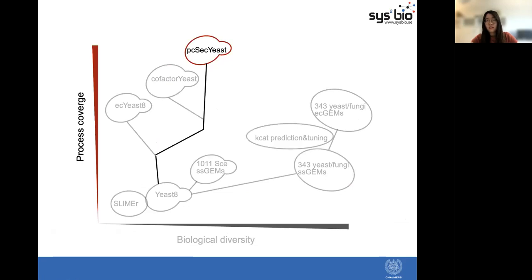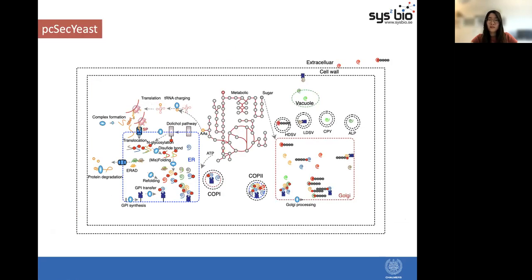And at last, I would like to talk about the most complex model that I have constructed. Besides the metabolism I just showed, and also the enzymatic constraints, I included more processes in this model, including protein translation, protein modification, and protein sorting to the final destination of this protein.